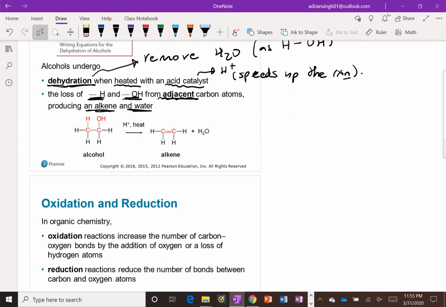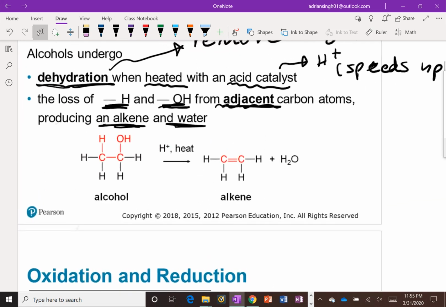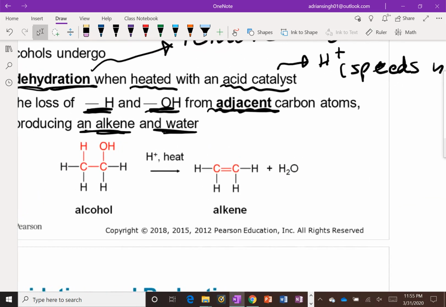All right, so let's take a look at an example. We have here our alcohol. In this case, it is ethanol, a 2-carbon alcohol. And our conditions here are acid, H+, and we have heat. We're going to lose an OH from that carbon, and we're going to lose an H from an adjacent carbon, right?